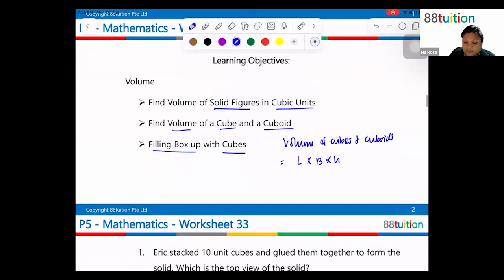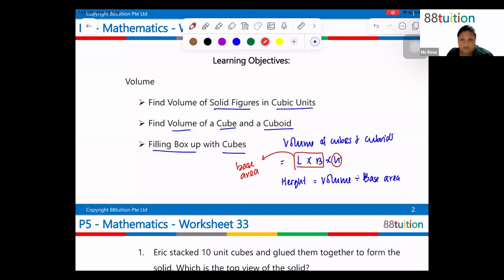So what do I mean by this? If I want to find the height of a cube or a cuboid, all I need to do is take the volume divided by the base area. So that means in this case, if this is the height, then this becomes the base area. Okay? So take note of this.